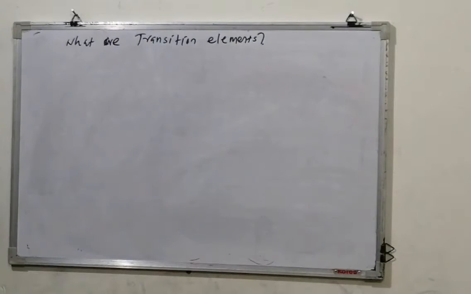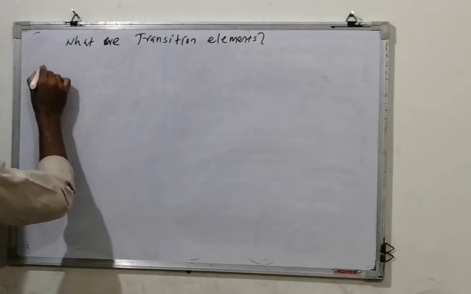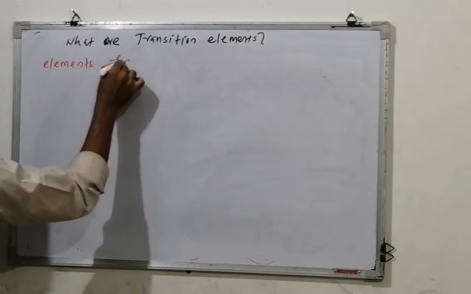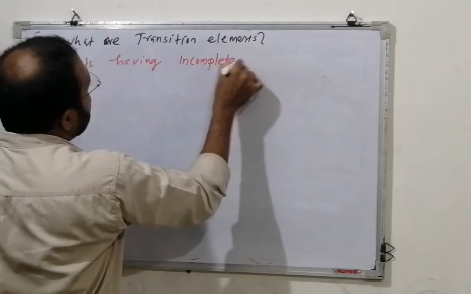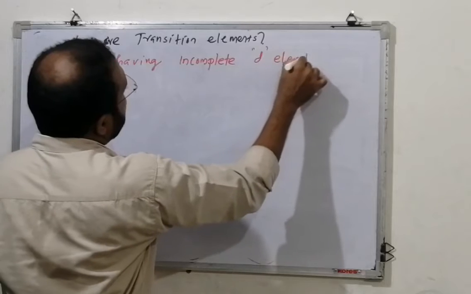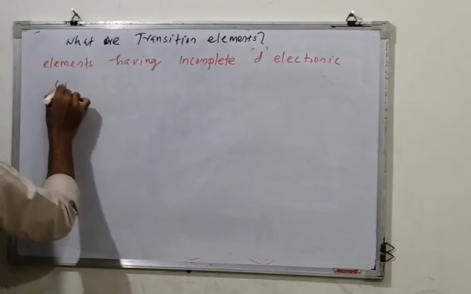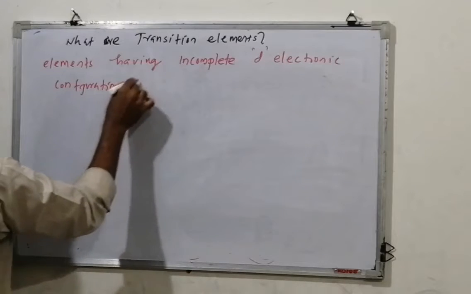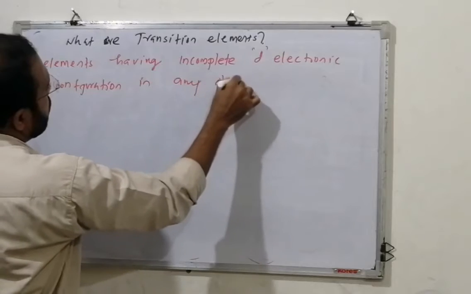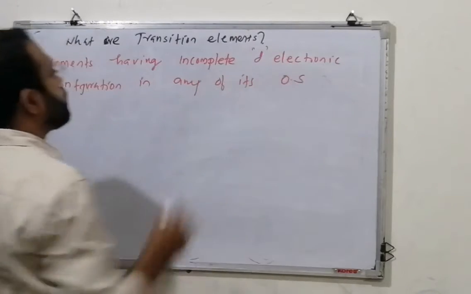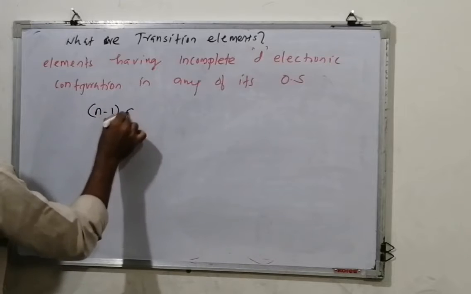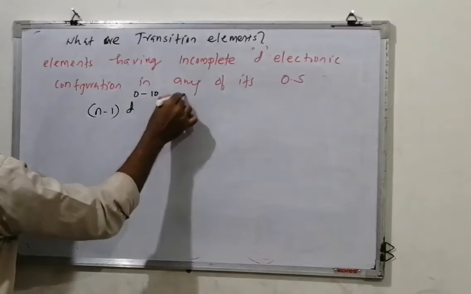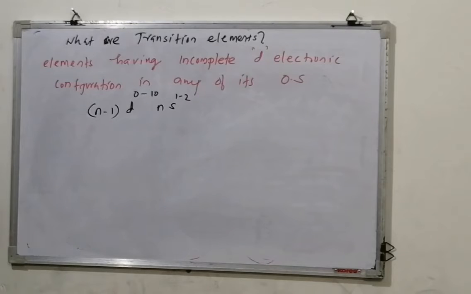Transition elements are the elements having incomplete d-electronic configuration in any of its oxidation state, that is (n-1)d 0 to 10 ns 1 to 2. They have an electronic configuration but it should be incomplete.